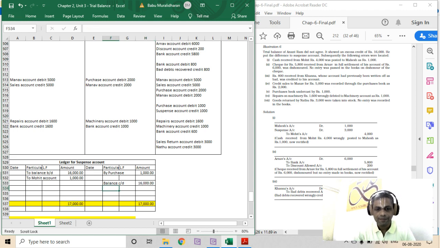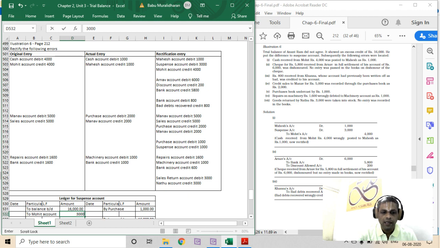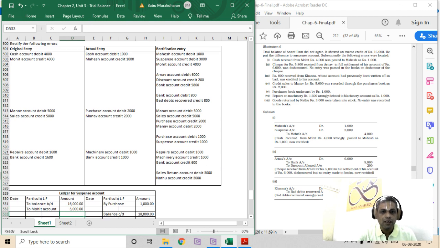I'm just putting the number here, but let's see what the error is. First, in the ledger, Mohit account, sales account, where you have put in suspense account, purchase debit, suspense debit. Yeah, here. So suspense account to Mohit account, it's 3,000. I had entered it as 1,000 here, so I'm making the correction here. It's 3,000. And the next error is on the transaction here.